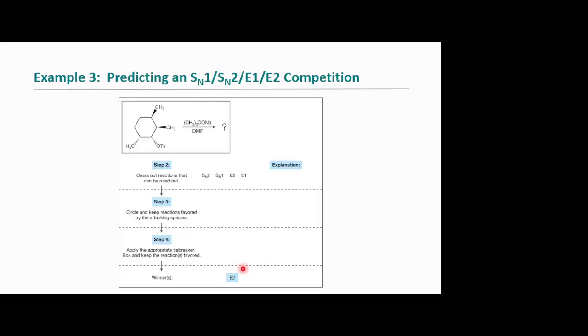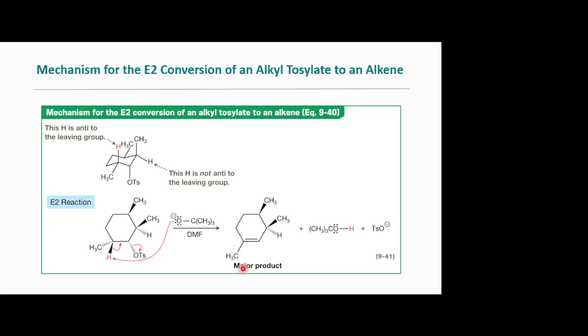Very good. And so this is actually your mechanism for your E2. You're going to attack this hydrogen here. Notice that it has to be anti to the leaving group if you're doing an E2, because your electrons actually have to flow through that orbital system. So it needs to be this conformation here.